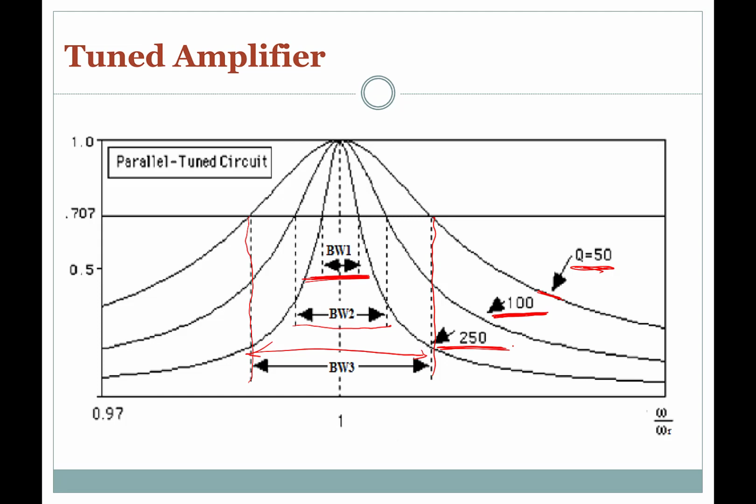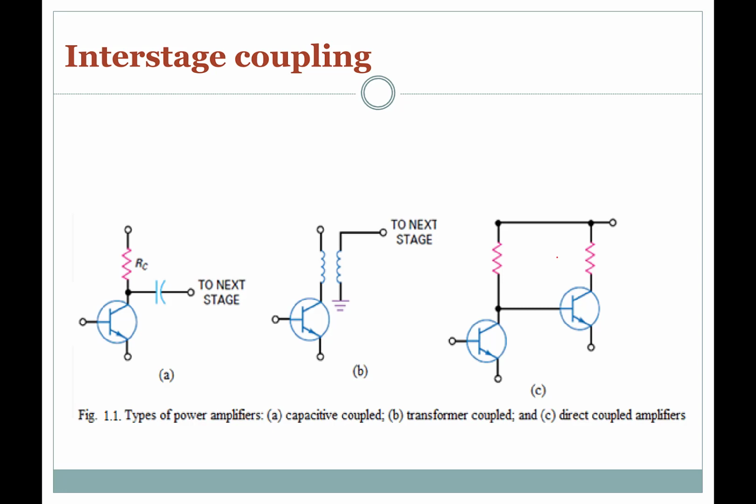Another way of classifying amplifiers is through interstage coupling. Interstage coupling of amplifiers is determined basically by the type of material that is used to couple the various stages of amplifiers.